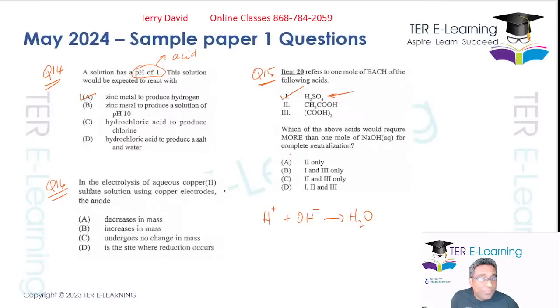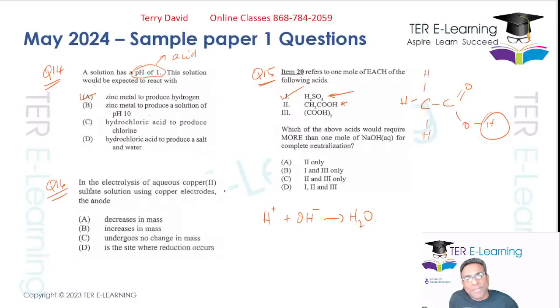So that one is 1 for sure. When it comes to ethanoic acid here, ethanoic acid looks like this, right? But in terms of neutralization, what is actually reacting here is going to be this H here. So that's only 1 H. So that's why this can't be an answer.